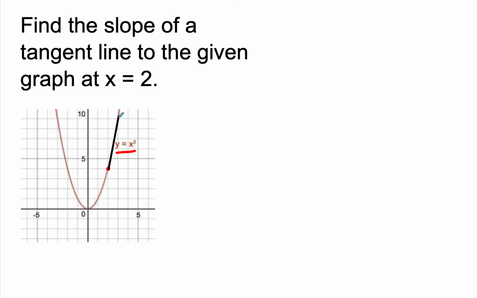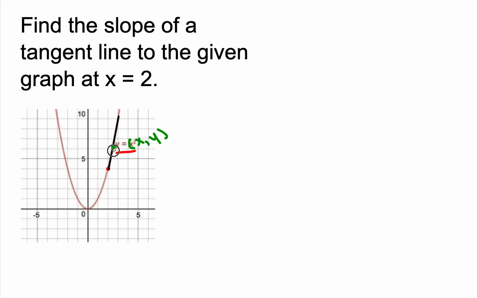Let us say this is another particular point, x comma y, and this x is the other point. The other point keeps on going closer and closer to the red point, which is when x equals 2.